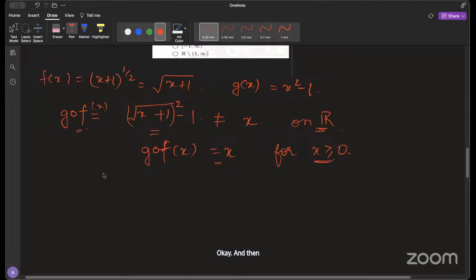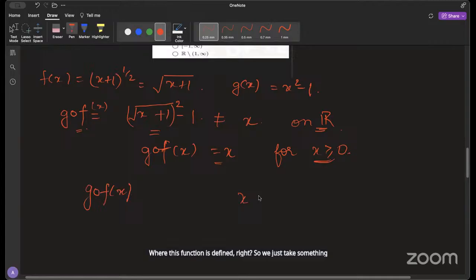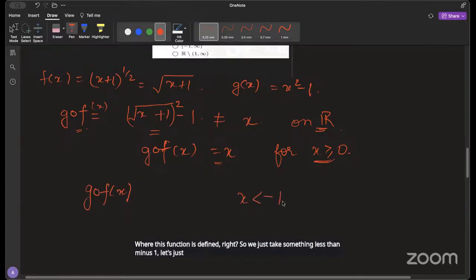Then let's just see where it's defined before moving on to anything else. Let's see where this function GOF is defined.